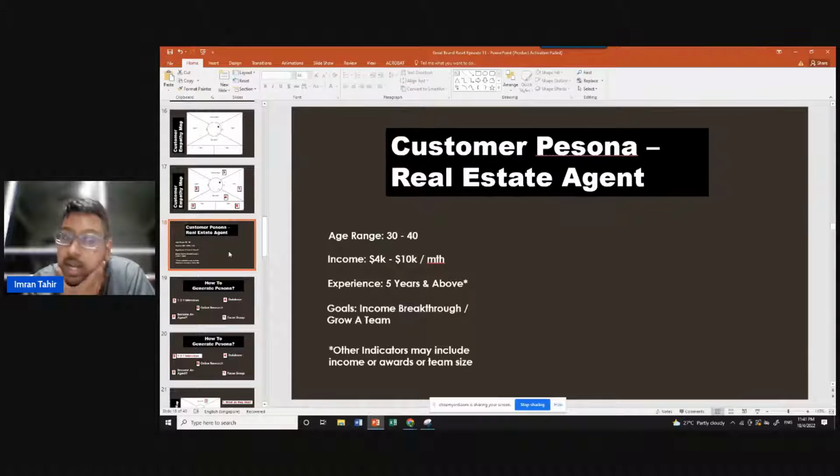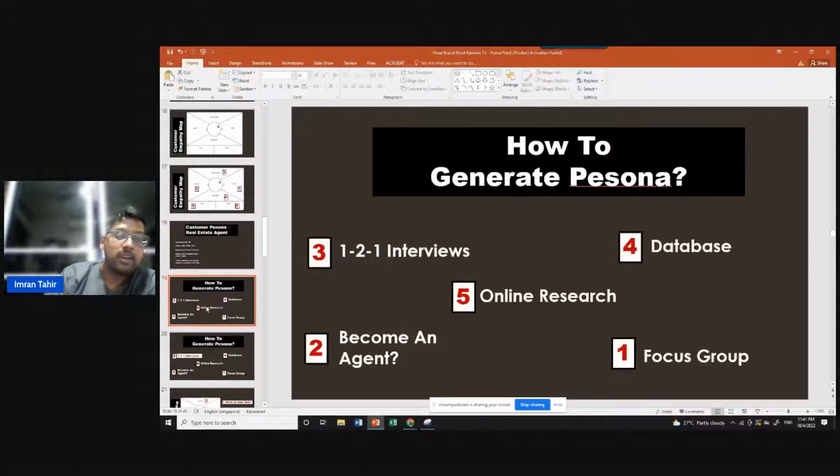The income is not a fixed thing. I know it varies greatly, but I believe it's not far off, I hope, 4K to 10K per month. Other indicators I might use besides 5 years and above are their income level, accomplishments, or their team size. So this is a very rough idea.